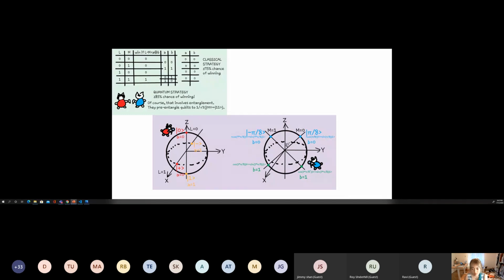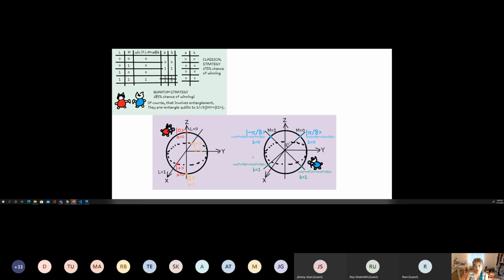So the pi over 8 puts this axis 45 degrees away from the z-axis, basically in the middle of the two normal axes that we typically would write out. And he has another option, which is perpendicular to this pi over 8, which is minus pi over 8.